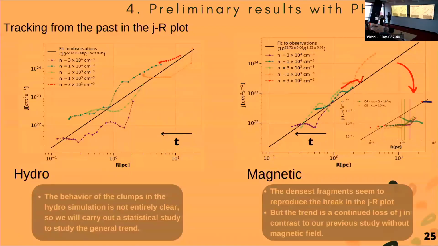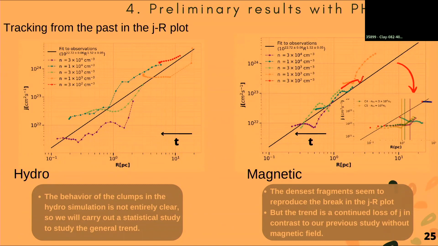I plotted here the evolution in the j-R plots. We wanted to see if we recover this break in the evolution in the j-R plot. So for example, here in the magnetic simulation for this clump, we recovered this break, so a period with little j evolving, here not with a similar slope, but in a late period of evolution with little j evolving more or less constant.